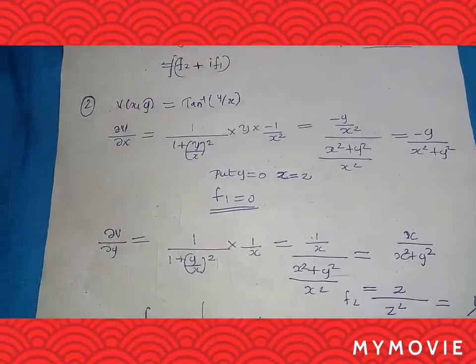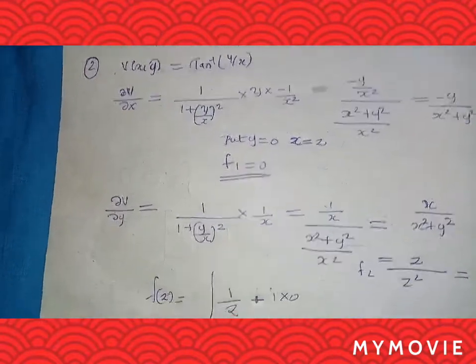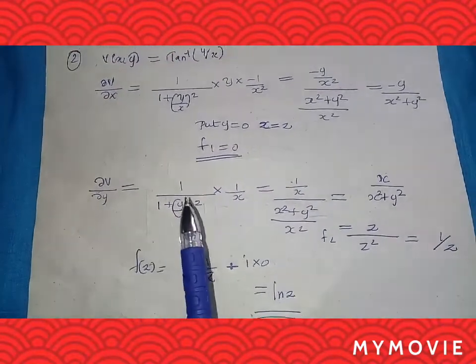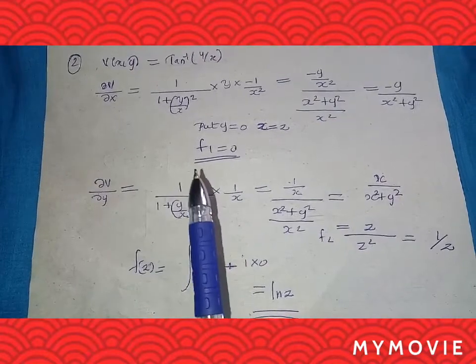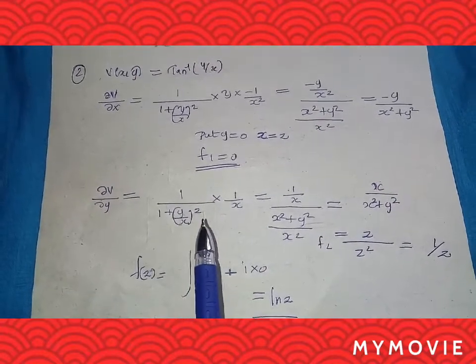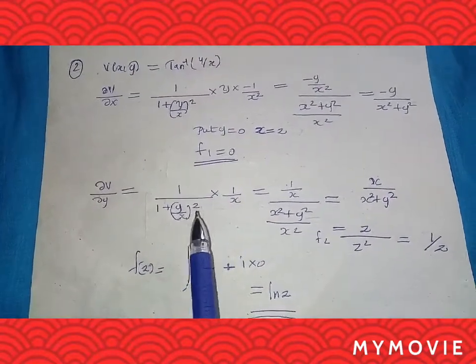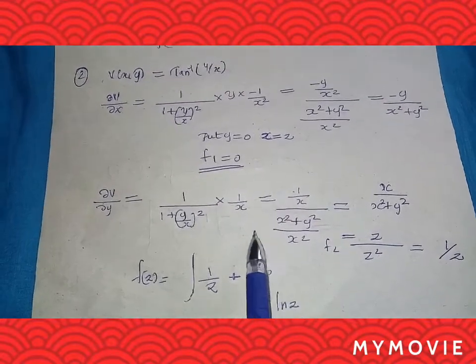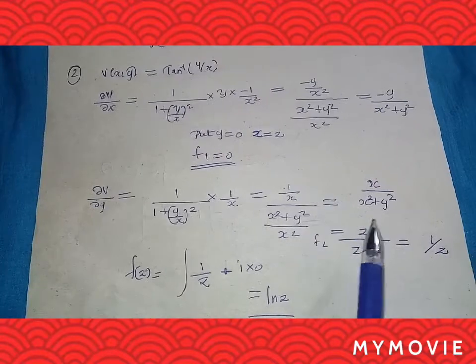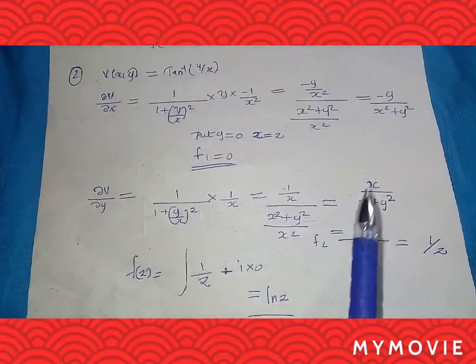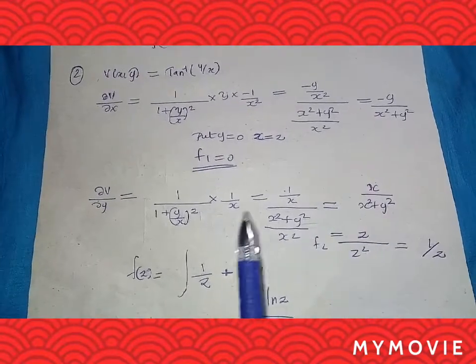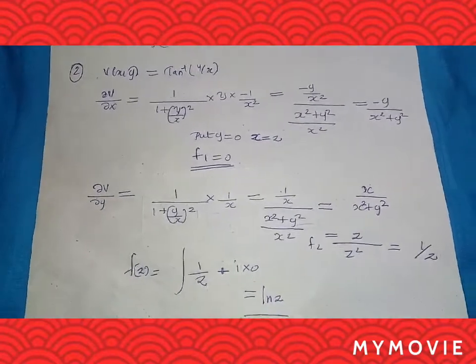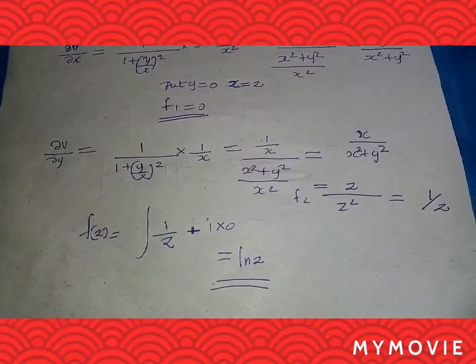Put x equal to z and y equal to 0, we get f1 is equal to 0. ∂v/∂y of tan inverse y by x is 1 by (1 plus (y/x)²) into the derivative of y by x with respect to y, that is 1 by x. After simplification, we get x divided by (x² plus y²). Put x equal to z and y equal to 0, we get the answer as 1 by z.